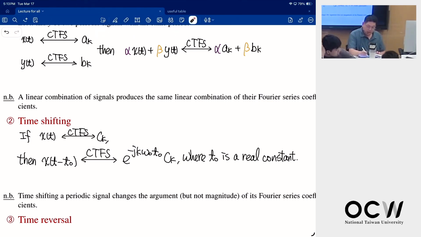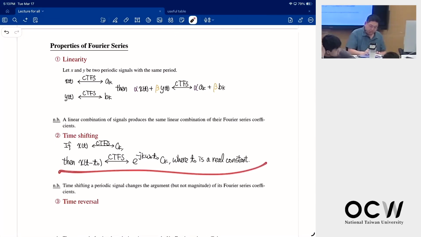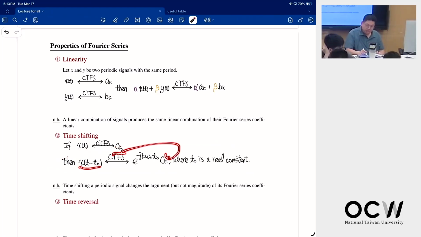What do we see from this property? The coefficient is still here. If I take the magnitude, this is like a phase change, but my magnitude is still the same. So when we do the time shifting, we only change the argument, the phase, not the magnitude.